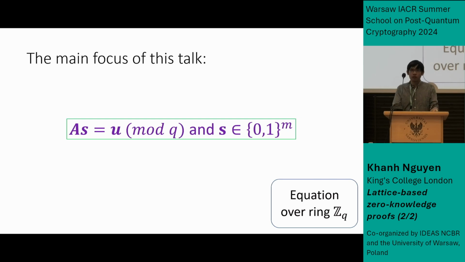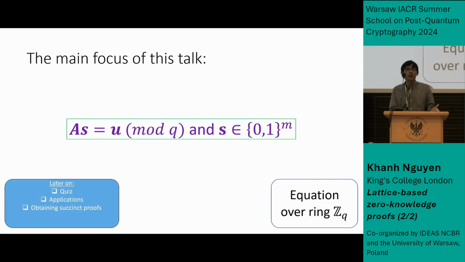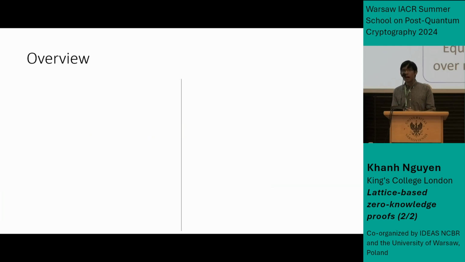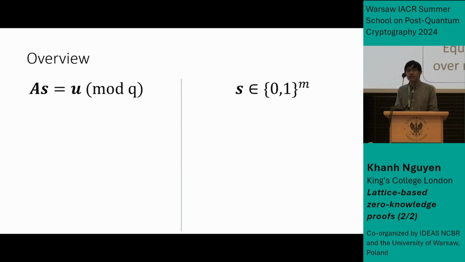Or like, yeah, if you want to prove Euclidean norm, it will be the same strategy. But just to have something concrete, I'll just stick to binary. So later on, we also have the quiz, applications, and maybe a little bit about how these techniques are used to obtain succinct proofs.